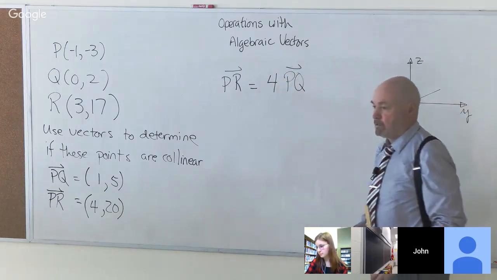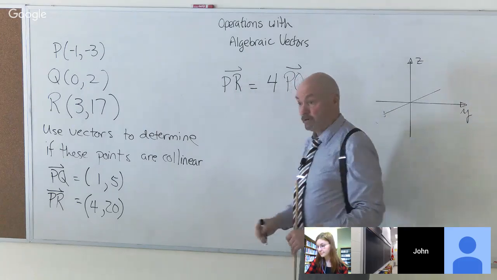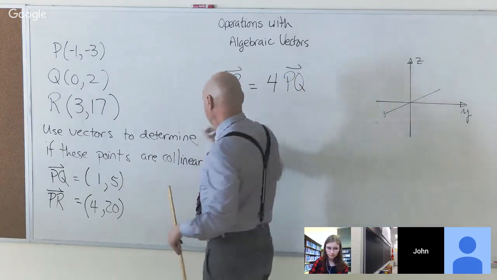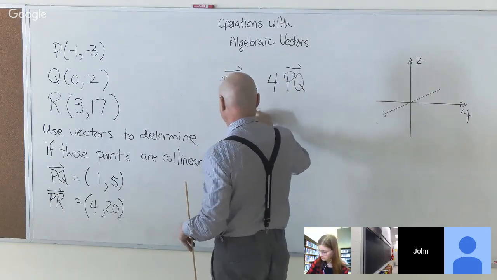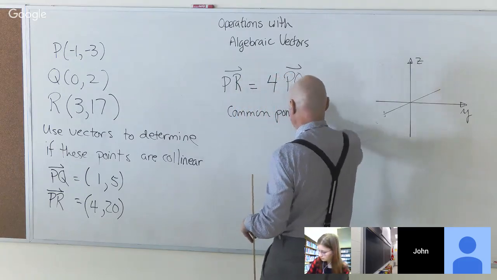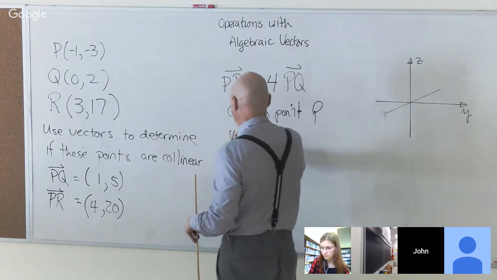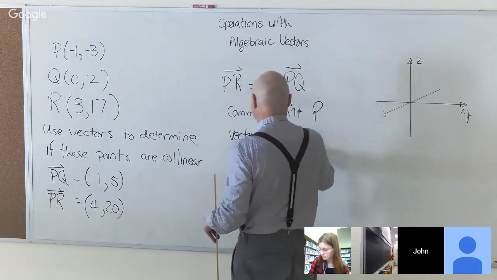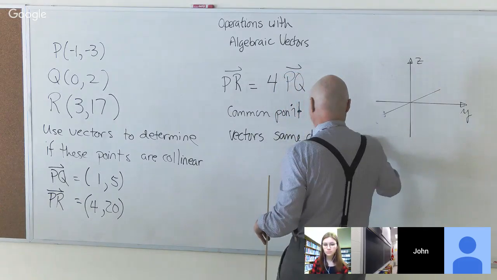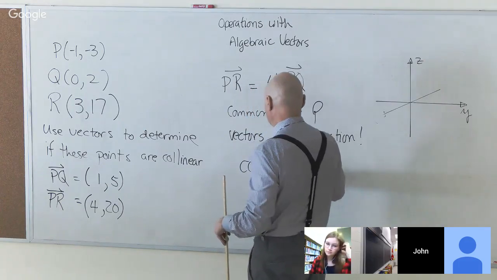So although the magnitude is greater, they have the same direction. And because they share a point, so there's a common point P, and the vectors have the same direction, these are collinear. I think I'm spelling that right.